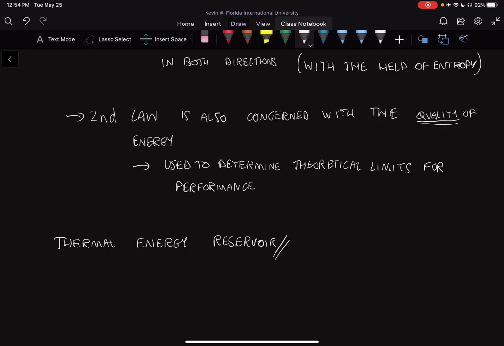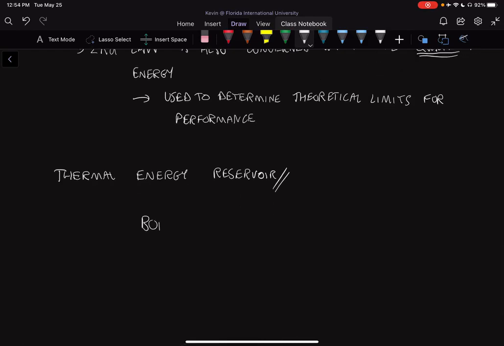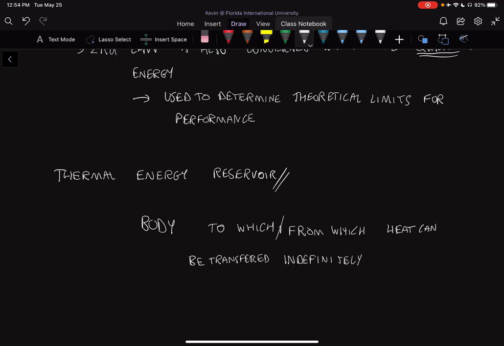So a thermal energy reservoir is a body to which or from which heat can be transferred indefinitely without changing its temperature.